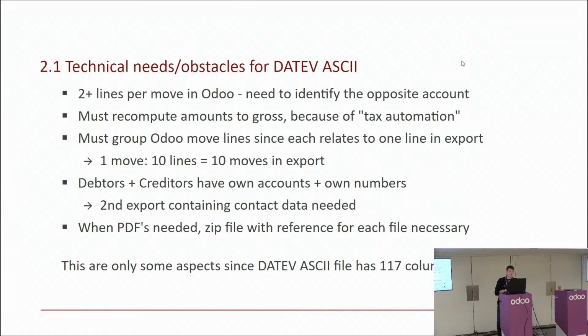And also, if you need PDFs, you need to generate a zip file in Odoo. And the zip file needs to reference all the invoices to match the account moves which you have exported by CSV, for example, to bring them together in the accounting software.